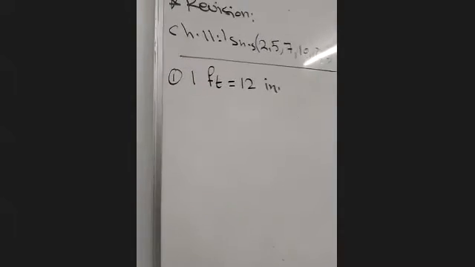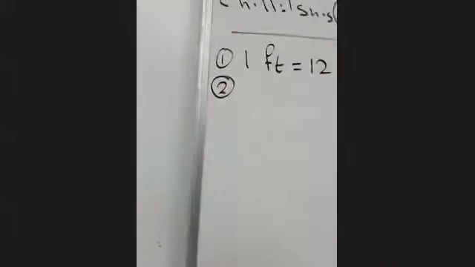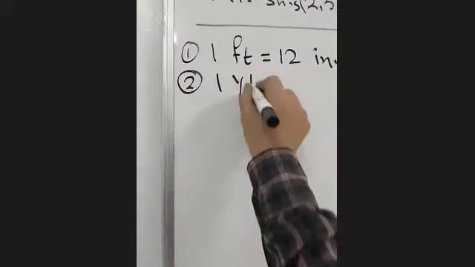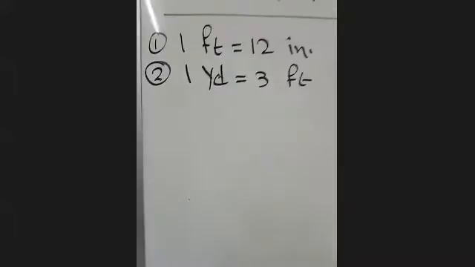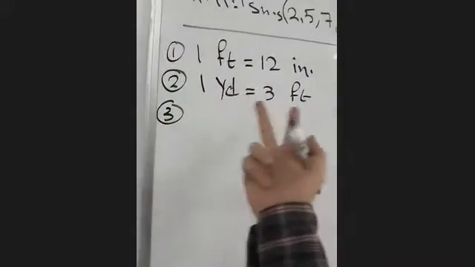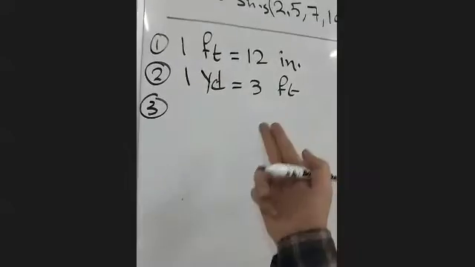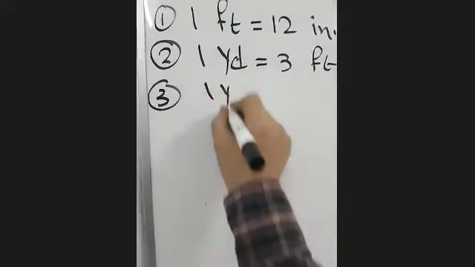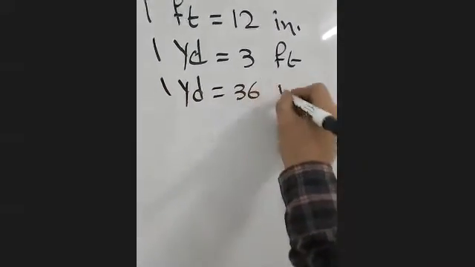Copy with me, guys. 2, each 1 yard equals 3 feet. 3, here we have two formulas, guys. 1 yard equals 3 feet and 1 yard equals 36 inches. I separated them.